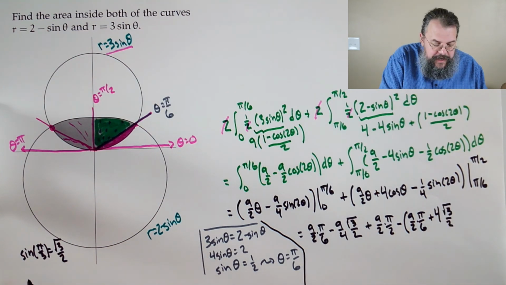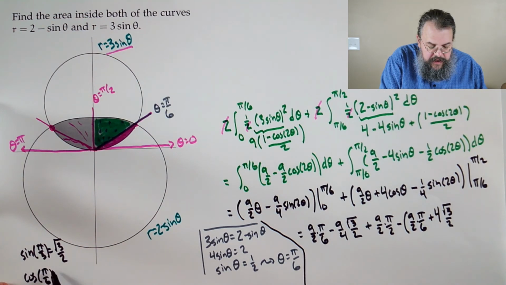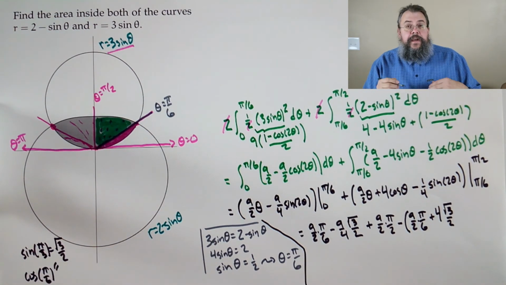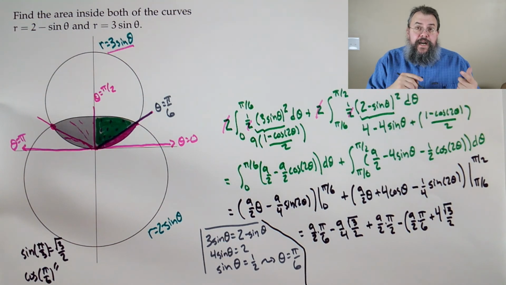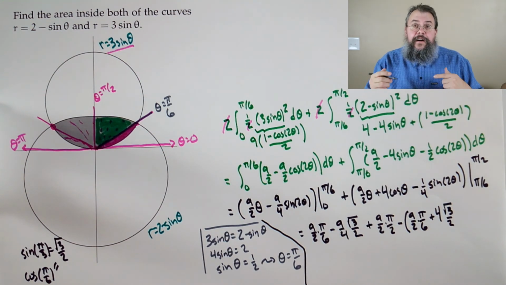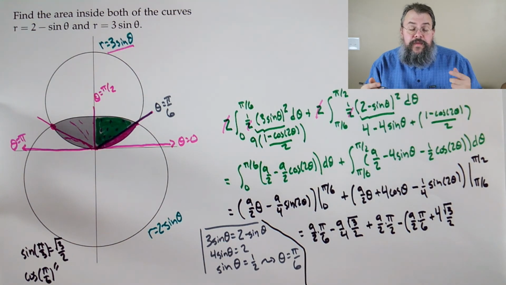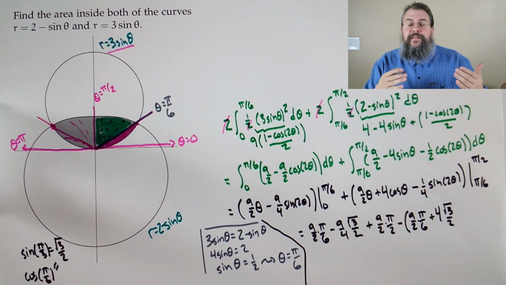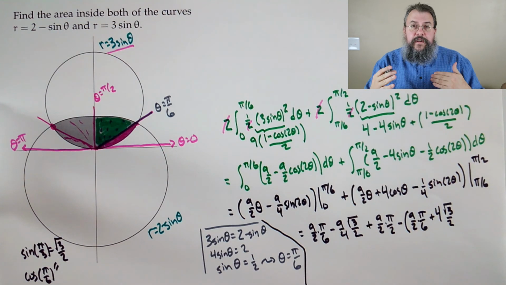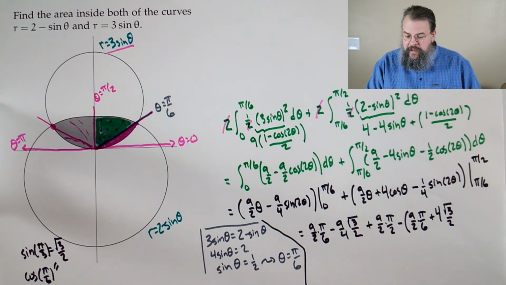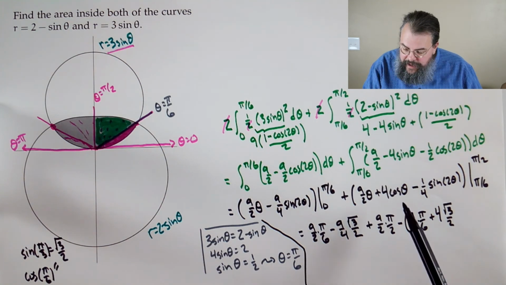So sine of pi thirds is the same as cosine of pi over 6. They both equal square root of 3 over 2. If you think about it, pi thirds and pi over 6 are complementary angles, and sine and cosine have a nice relationship in terms of complements of angles.